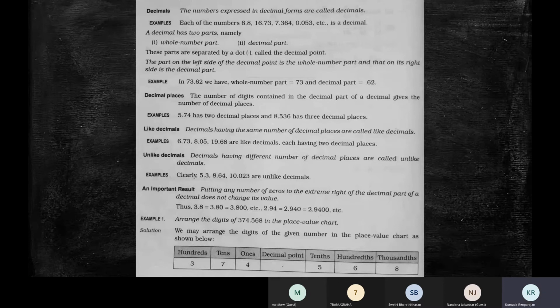Yes or no, children? Yes, ma'am. Okay, unlike fractions, that is fractions with different denominators, can be made like fractions. We can bring them to the same denominator by using the concept of LCM.